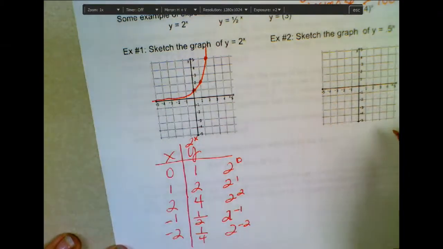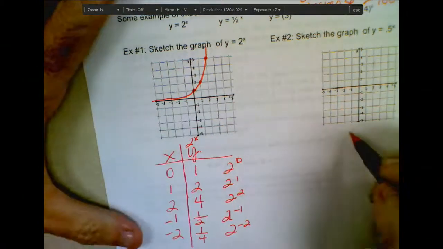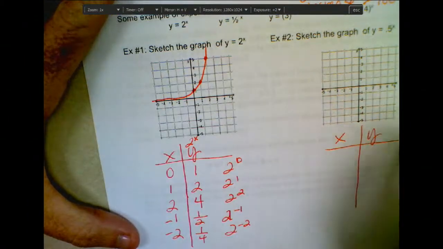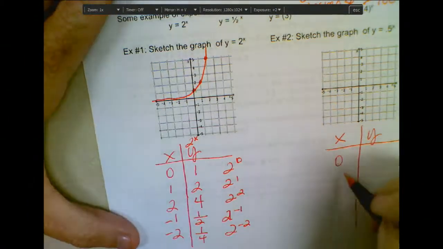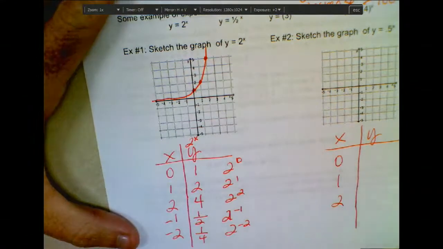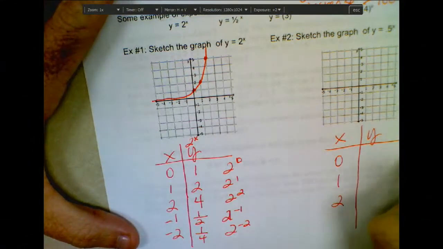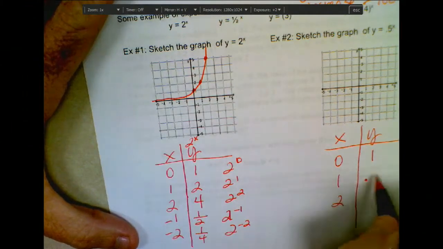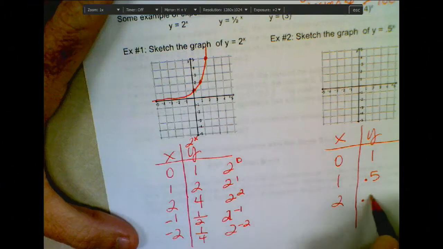Okay, let's do the same thing here. I find it easier to use fractions when graphing, but you can leave the decimals if you want. 0, 1, 2. So 0.5 to the 0, 0.5 to the first, 0.5 to the second. So that's going to, anything to the 0 power is 1, 0.5 to the first is 0.5, 0.5 to the second is 0.25.